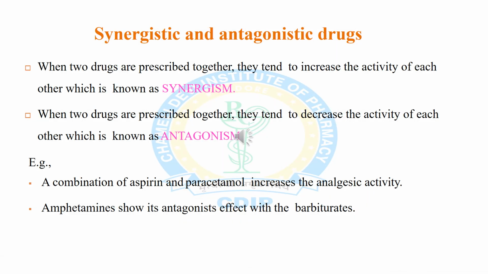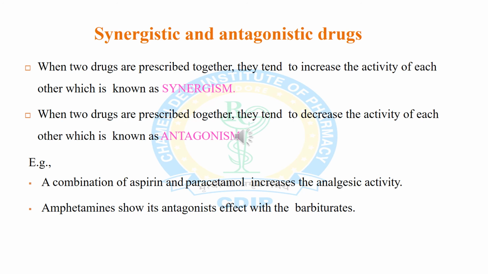The next reason behind the therapeutic incompatibility is synergistic and antagonistic drugs. Many drugs exhibit synergism and antagonism when administered in combination. When two drugs are prescribed together and they tend to increase the activity of each other, it is known as synergism.